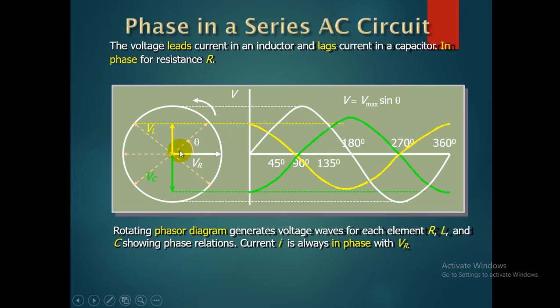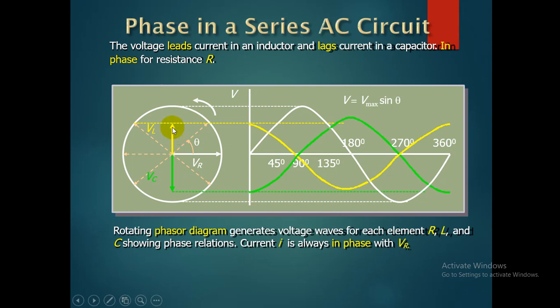We can see that this is the VR phasor, this is the VL phasor, this is the VC phasor. The VL phasor is always 90 degrees ahead with respect to VR. This is the leading side and this is the lagging side. VC is always lagging by 90 degrees.